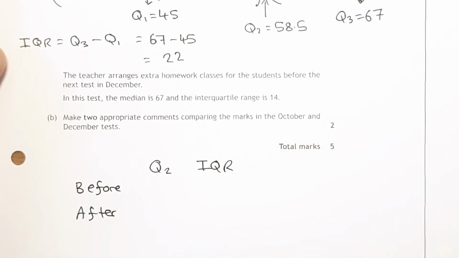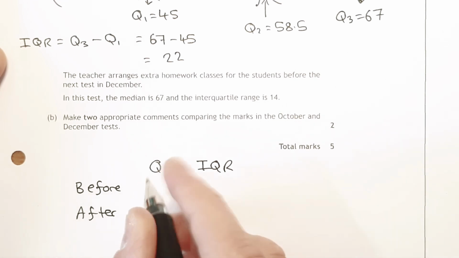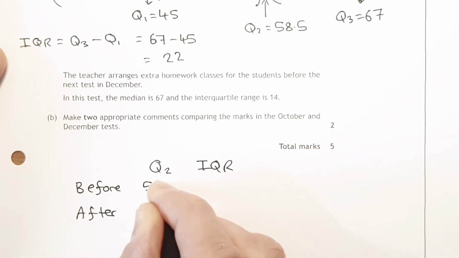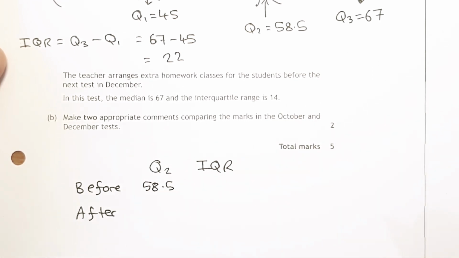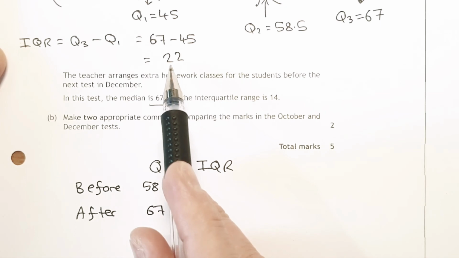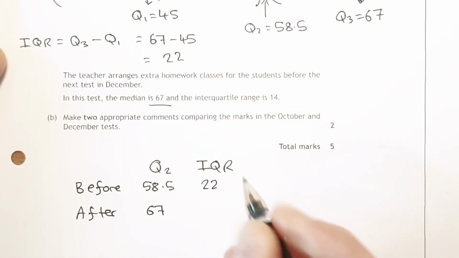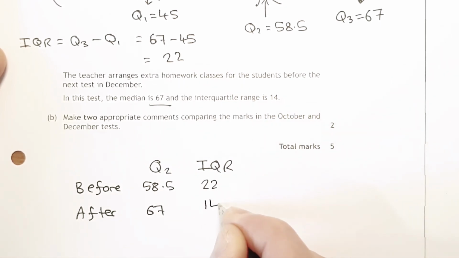Well, the median before is 58.5, and the median after is 67. The interquartile range before is 22, and after it's 14.